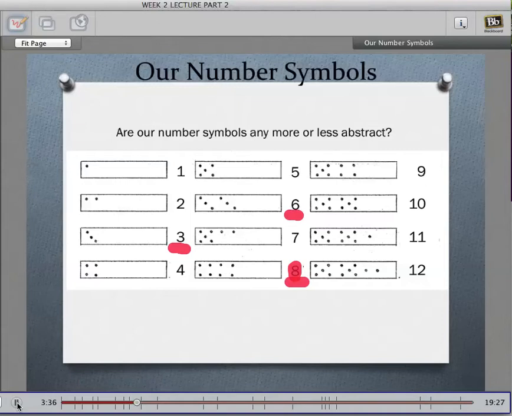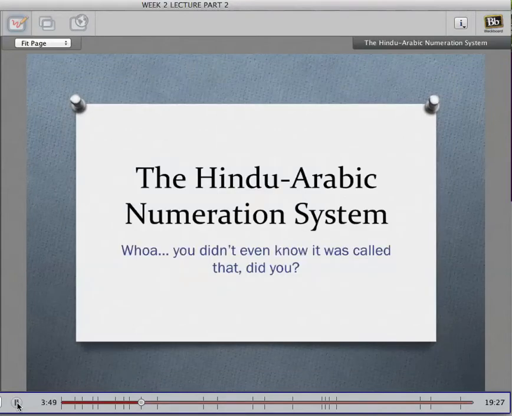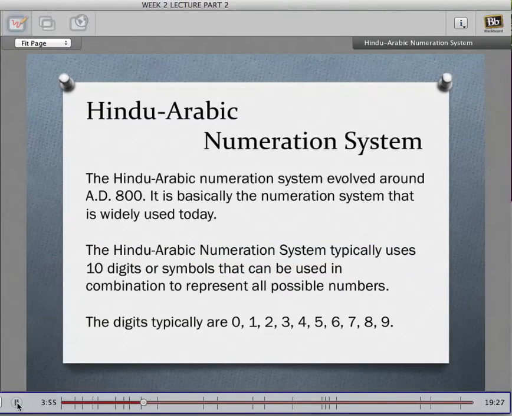And to describe our system, I want to show you why our system is a little bit better than previous systems. Now, our system's been around for almost 2,000 years, but there were many systems before ours. Now, ours is, again, the Hindu-Arabic system. I don't know if you knew that or not. It essentially began around 800 AD, and without too many changes, it's the same system we're using now.